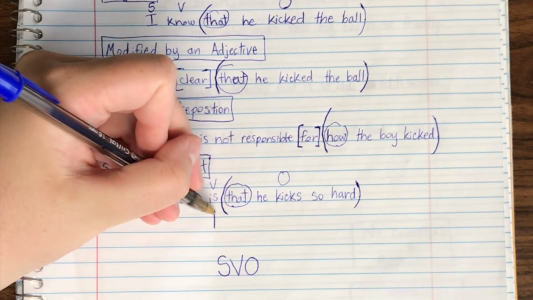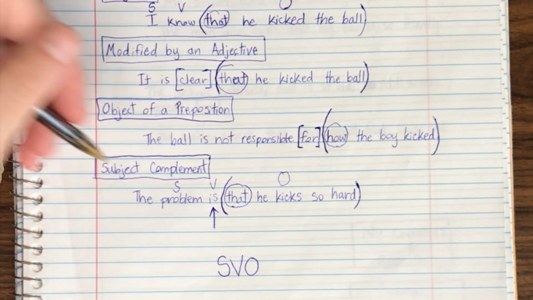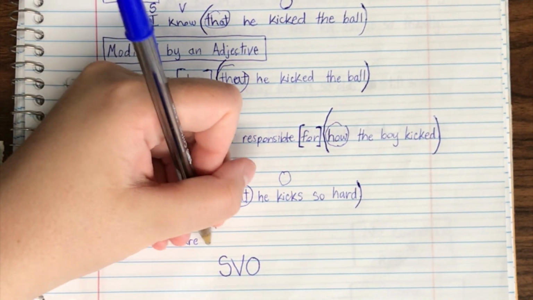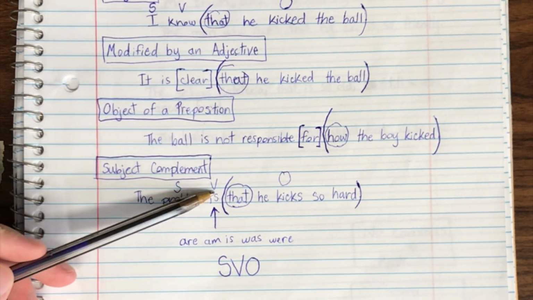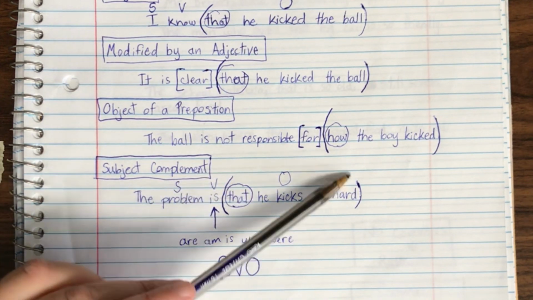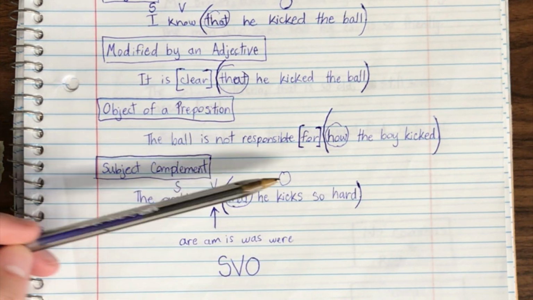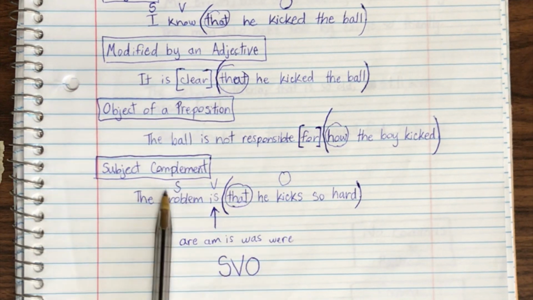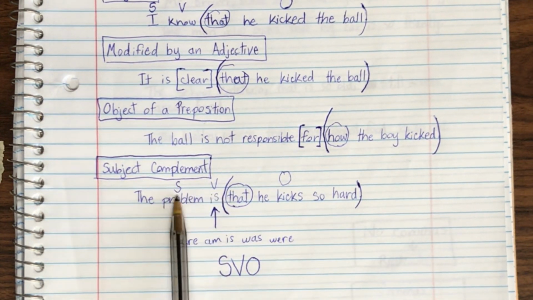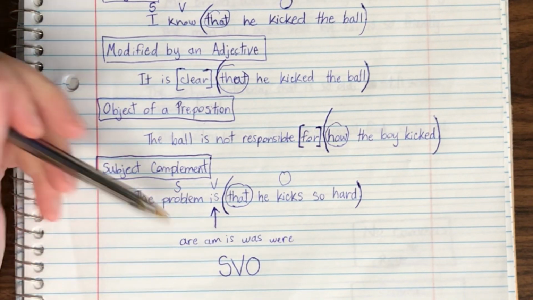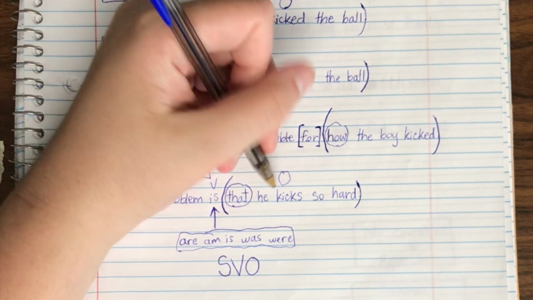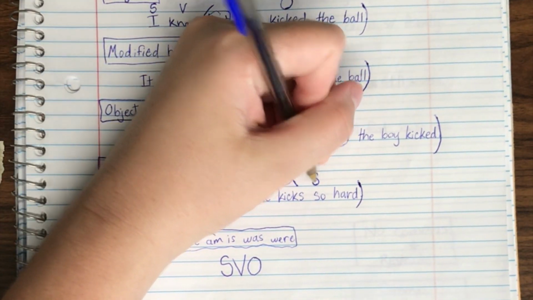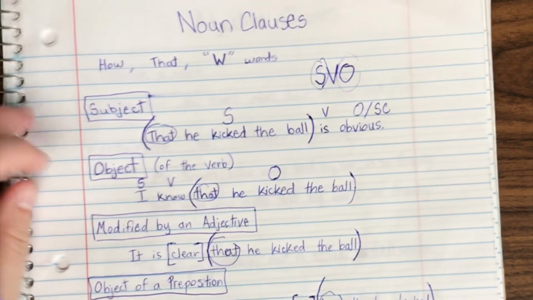But because the verb is a being verb, which being verbs are usually are, am, is, was, were, etc. If you have that verb, this object noun clause is called a subject complement because it's complementing the subject. That he kicks so hard is the problem. They're the same. So just remember, if you have a being verb, the object is actually not an object, but a subject complement. So this is just the 5 most common types of noun clauses.